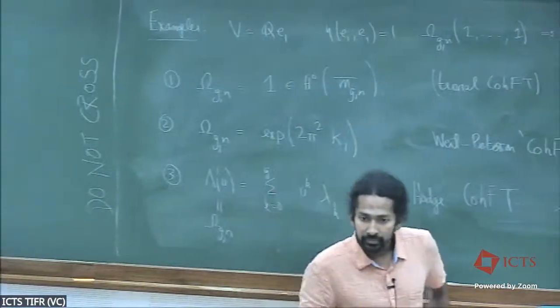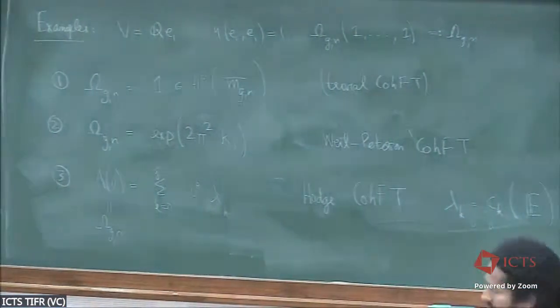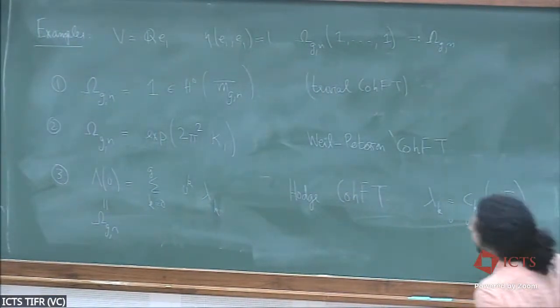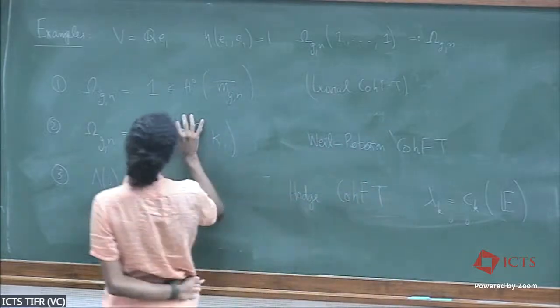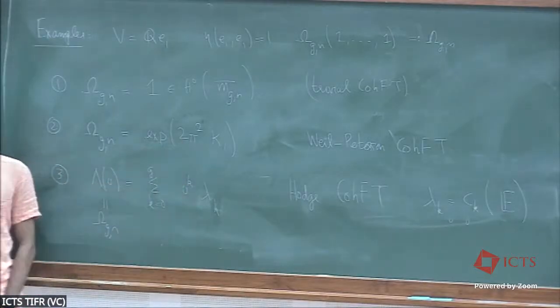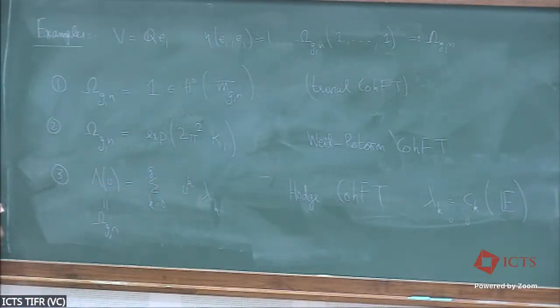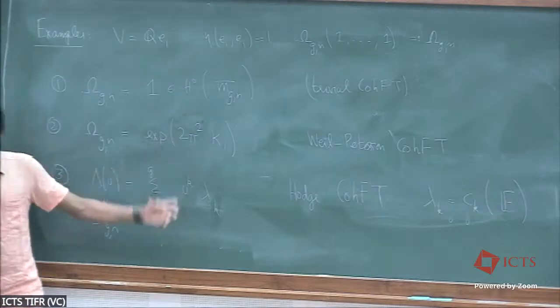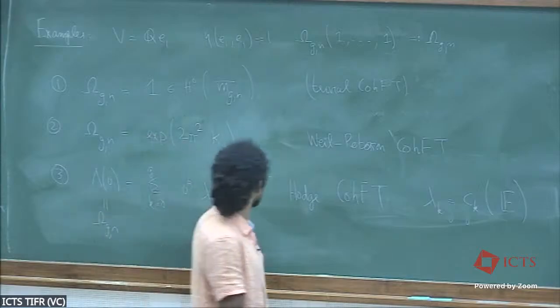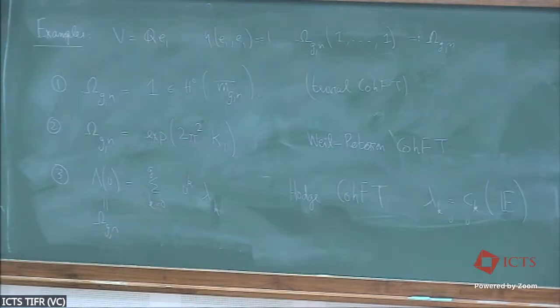Weil-Petersen, no. You could take exponential of kappa 1, but the role that it plays is that exponential of 2 pi squared kappa 1 is the thing that appears when you're computing the Weil-Petersen volumes for the moduli space of hyperbolic surfaces with boundaries. So it's just some convention. You can put whatever you want here. It doesn't matter. It's not important. Any other questions?